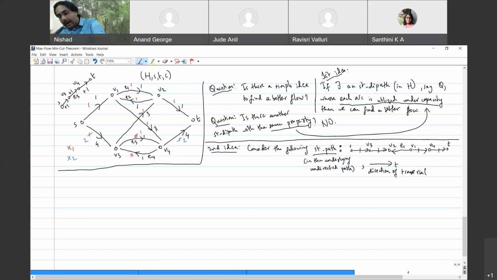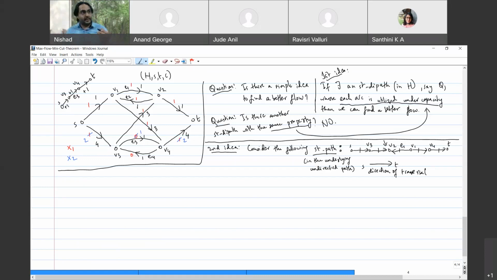However, this reverse arc is actually not under capacity. Observe that it is at full capacity. It is the arc E1 whose capacity is 1 and the flow x value is also equal to 1. However, on this reverse arc, we can actually reduce something. And if we increase on the V3, V2 arc, we will still have the conservation constraint meeting at this particular vertex.